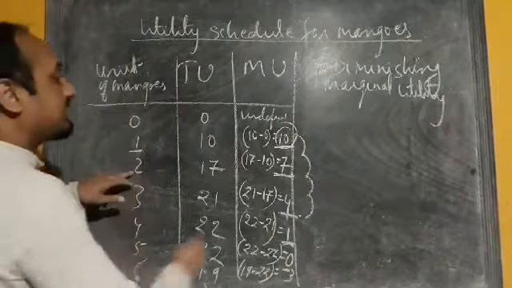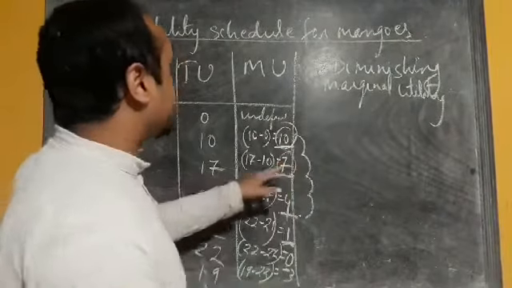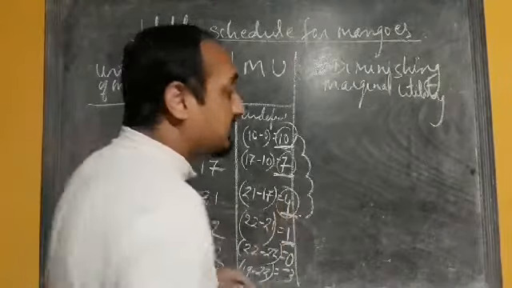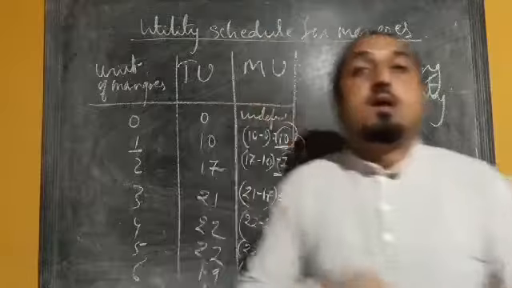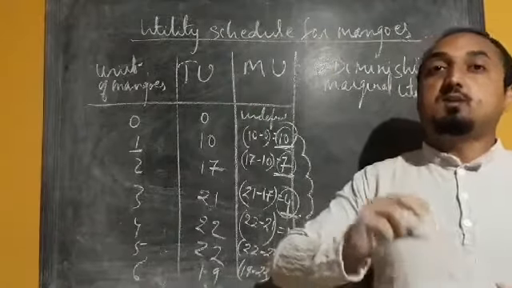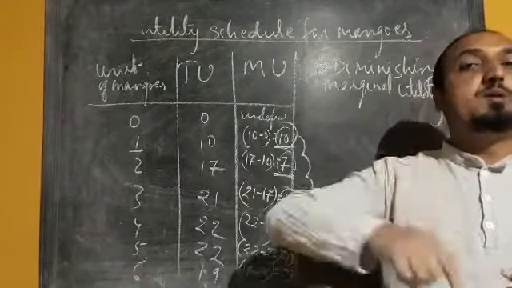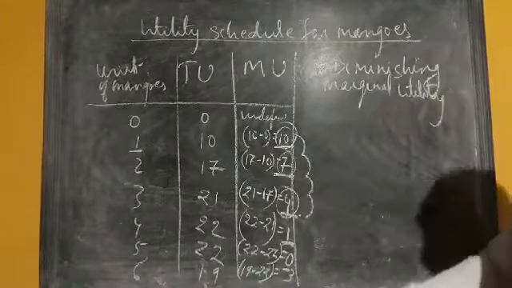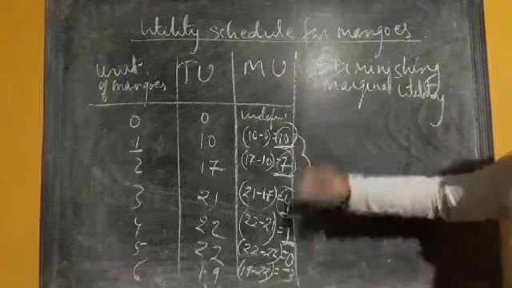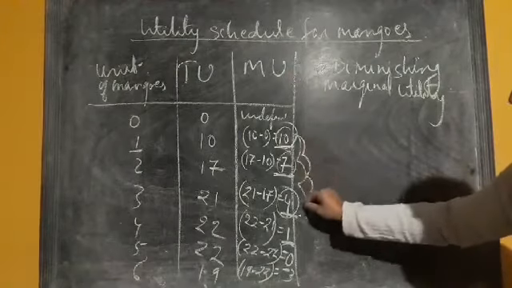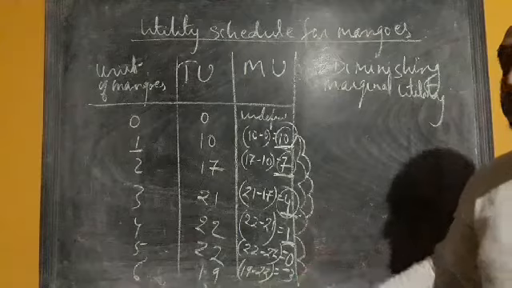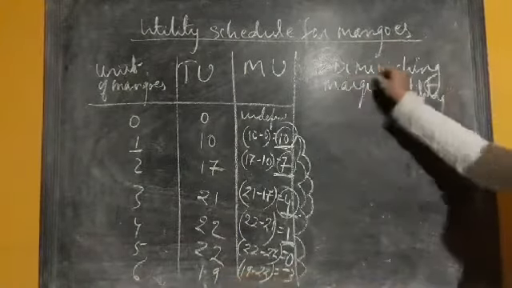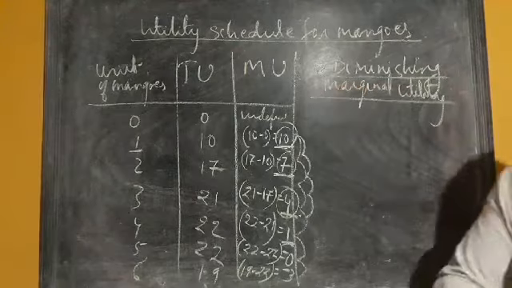When consuming the second one, marginal utility is 7, decreasing. When consuming the third, the marginal utility is only 4, which means the additional satisfaction obtained from consuming more and more units will go on decreasing. So diminishing marginal utility implies that marginal utility goes on decreasing as we consume more and more units of commodity.